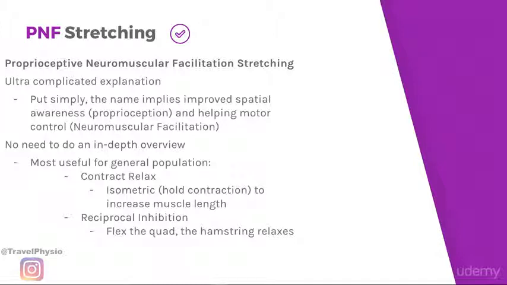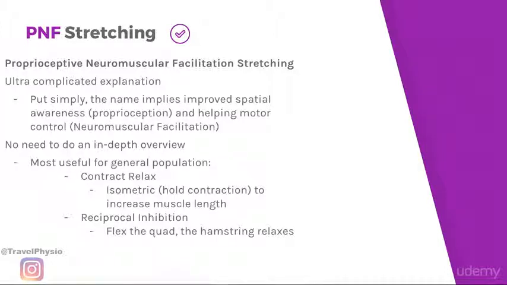So what you've got is spatial awareness, motor control from the nerve, as well as making it easier, okay? So the idea with proprioceptive neuromuscular facilitation, PNF, I'm going to call it from here, is that you want to essentially improve the spatial awareness as well as improve the overall motor control, which is the neuromuscular facilitation.